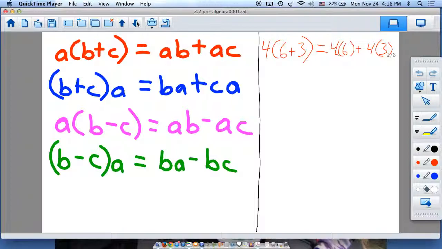We can reverse this and put the B plus C, which is in parentheses, first times A, but we're still going to distribute that A to the B and the C on the inside and rewrite it as B times A plus C times A.